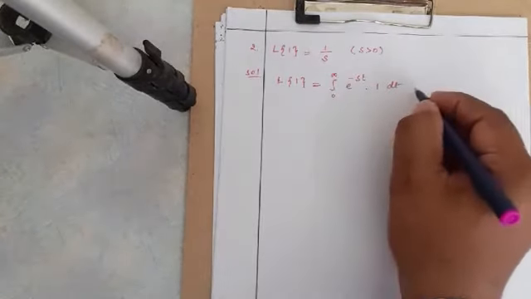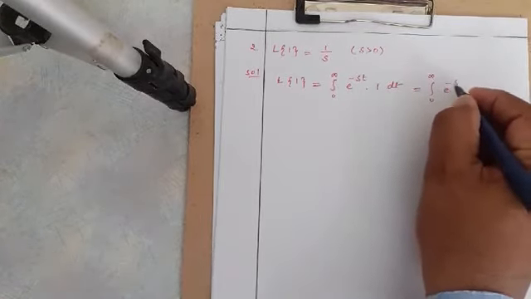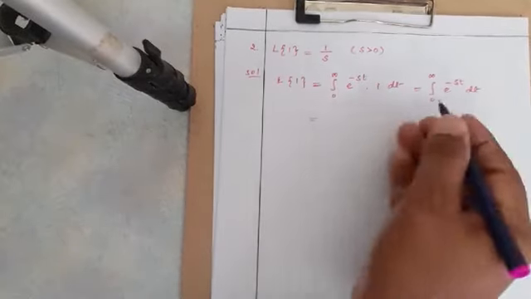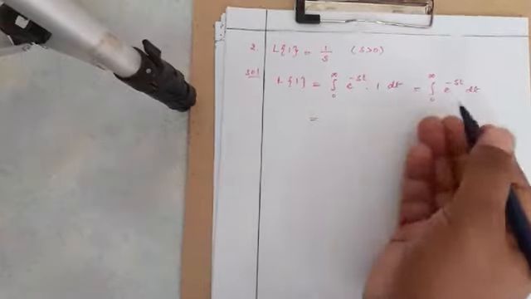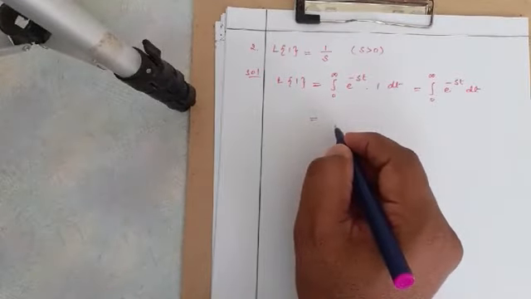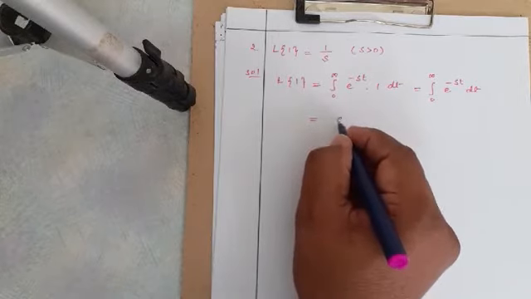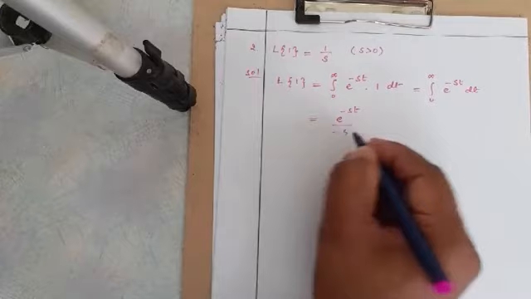So now this can be written as integral 0 to infinity e power minus st dt. This is equal to, now when you integrate, as I have told you, integral of e power ax is e power ax by a. So we write e power minus st upon minus s.